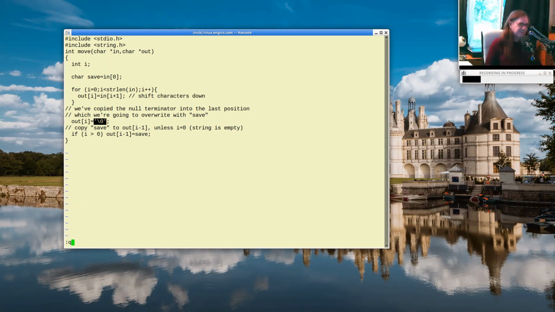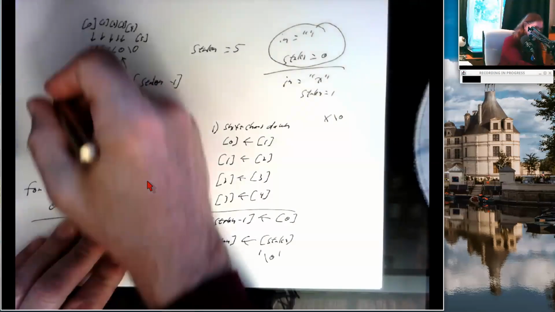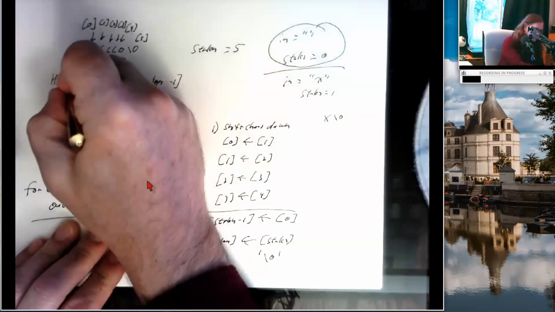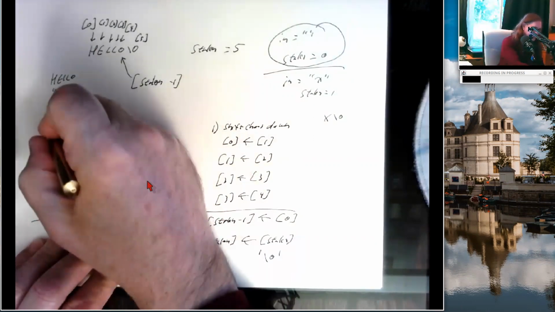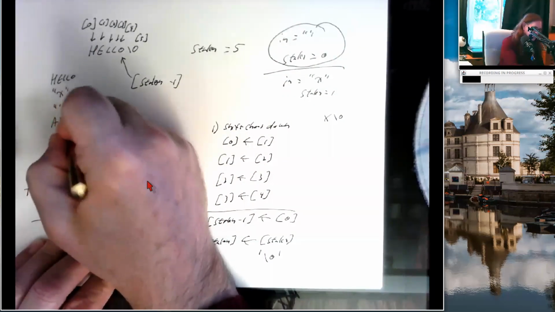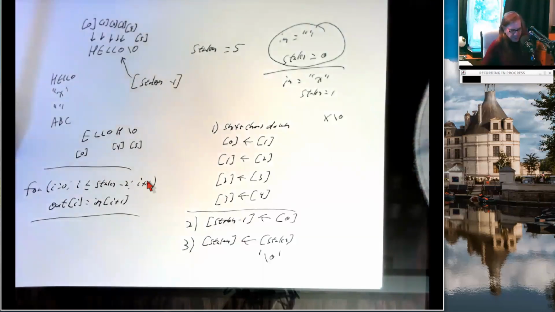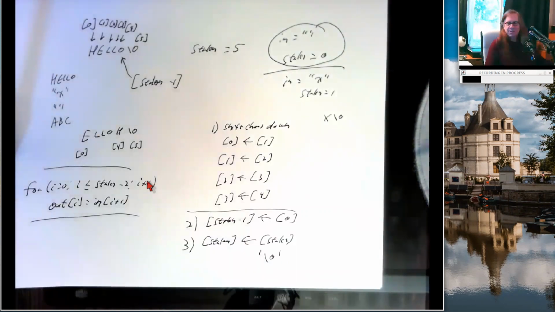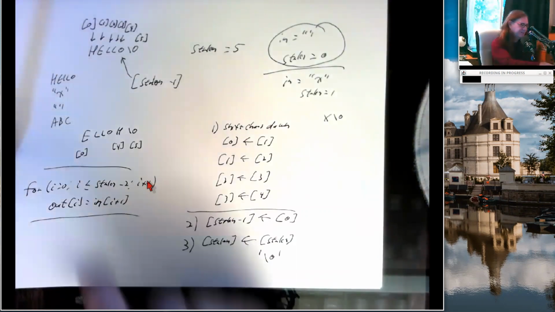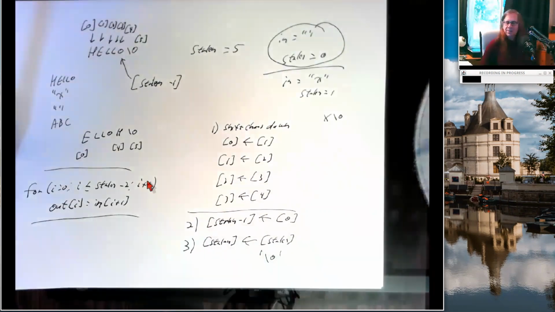Now I suggested some cases. I suggested trying something like hello, and then trying a single letter, and then trying an empty string, and then trying something with more than one character in it. And doing these in one main program so that you get the extra complication of having already called your function and seeing if it works on those cases.